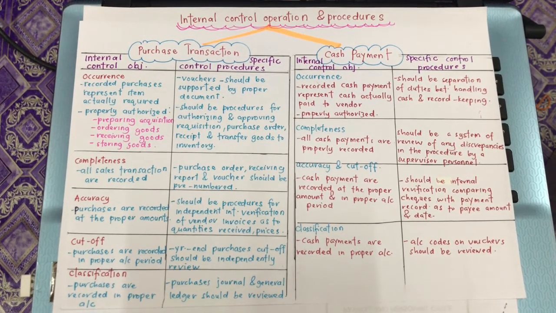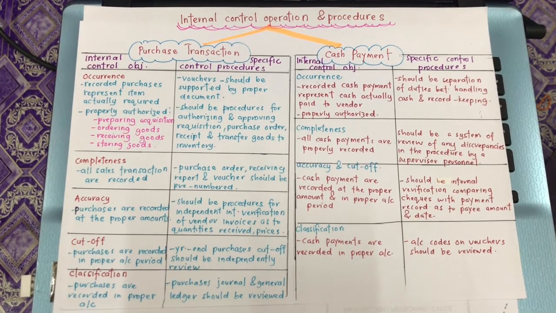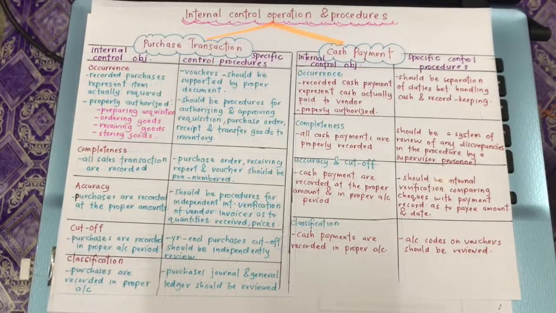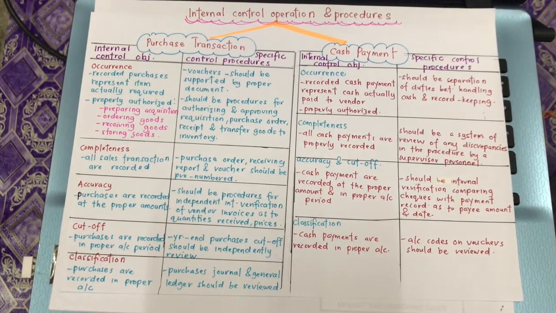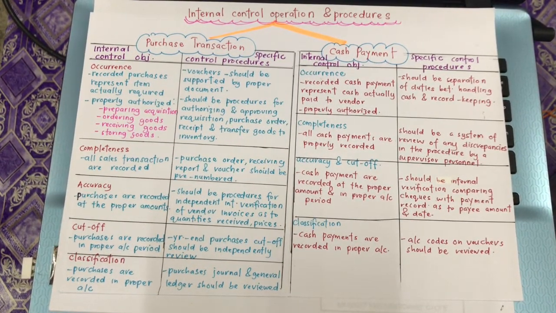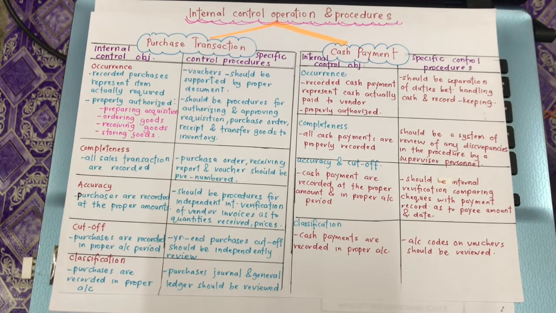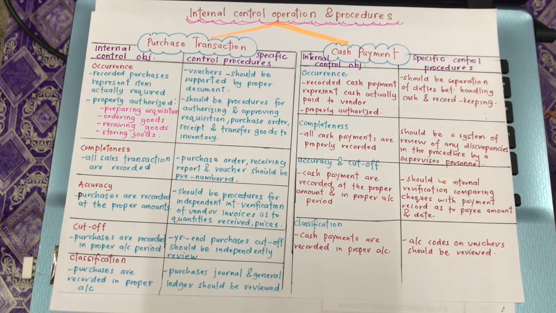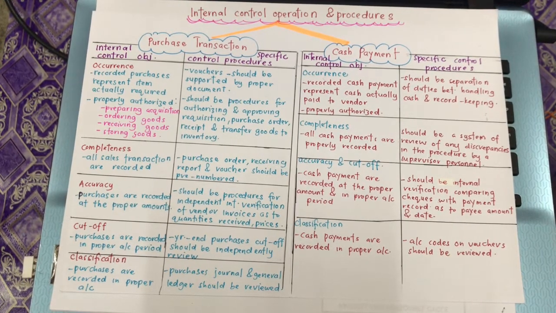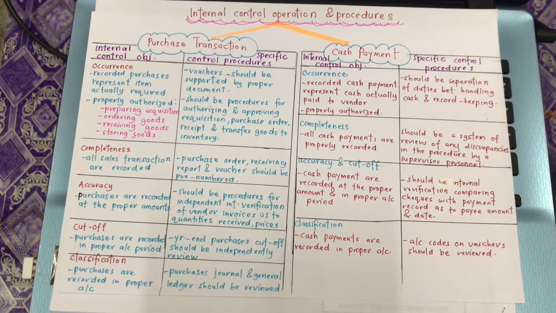There should be a procedure for approval of payment before signing of checks by authorized persons. The completeness internal control objective is that all cash payments are properly recorded. For specific control procedures, there should be a system of review of any discrepancies in the procedures by supervisory personnel.